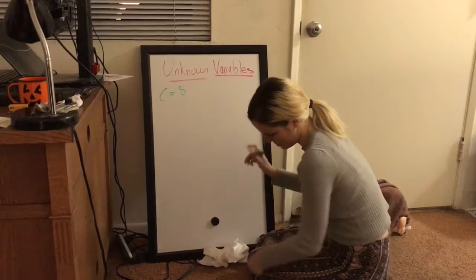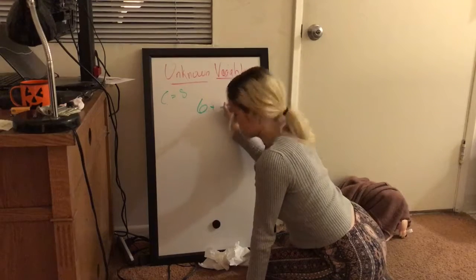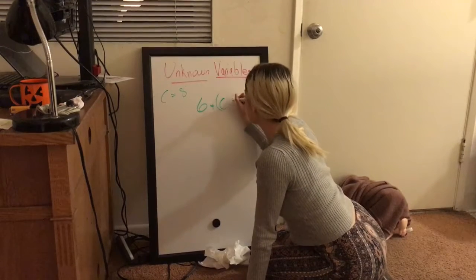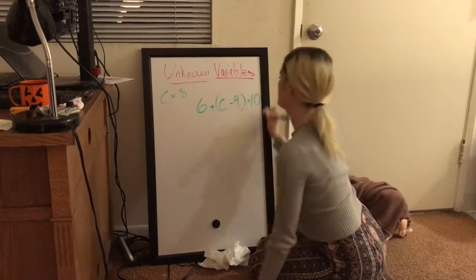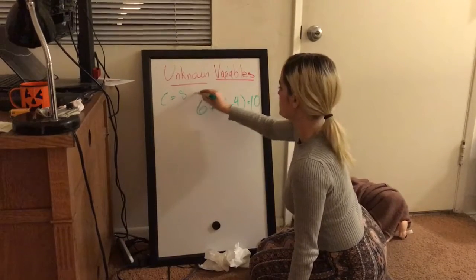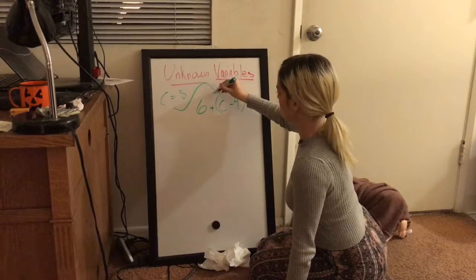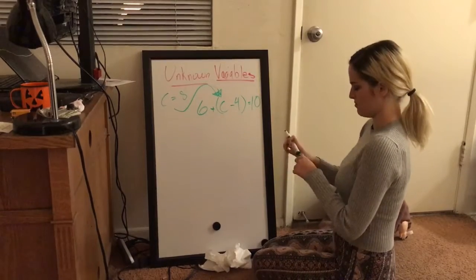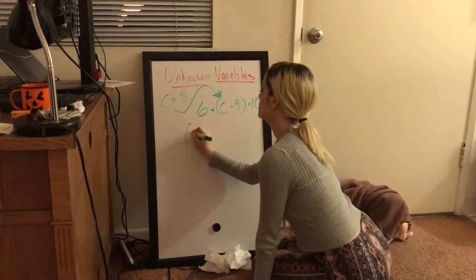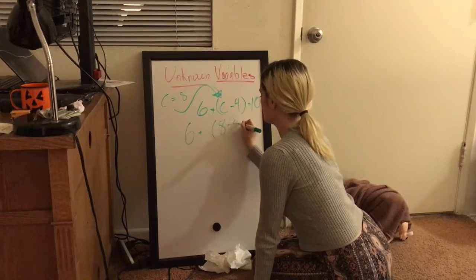And the problem was 6 plus c, parentheses, minus 4 equals 10. So we move the c, plug it back in. We just mush that in there. 6 plus, we have the parentheses, 8 minus 4.